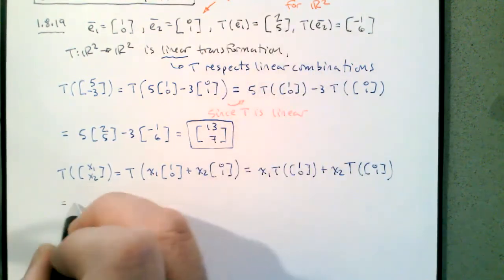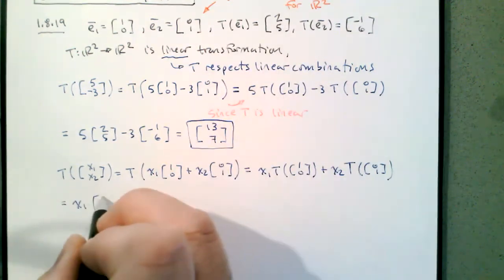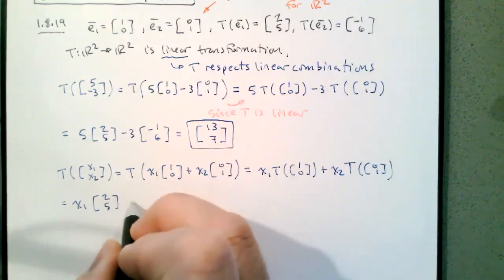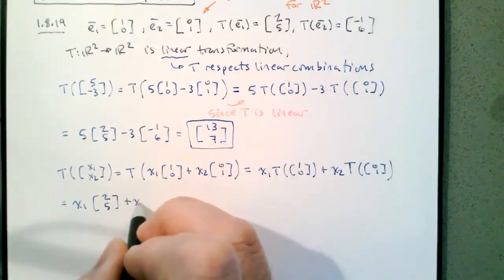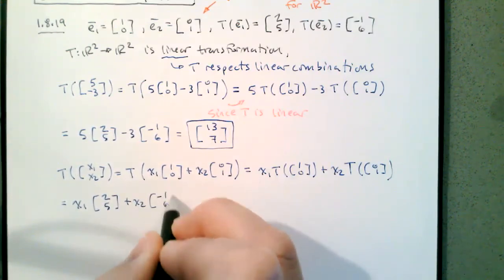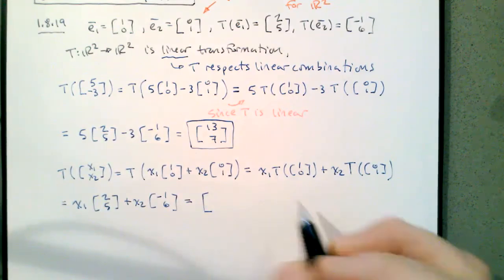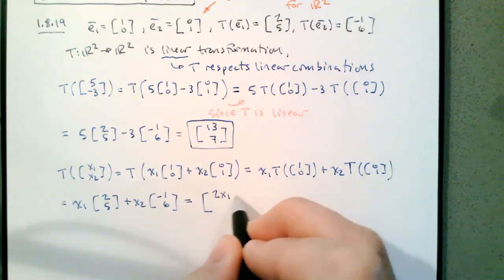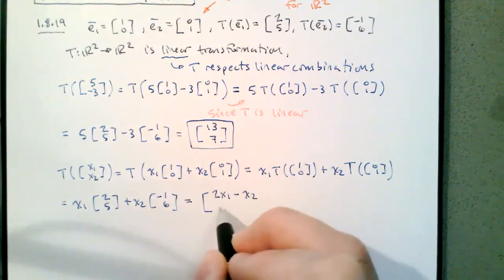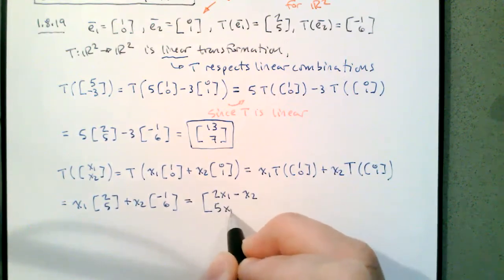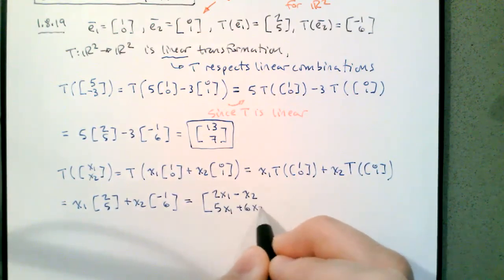So it's going to be x1 times (2, 5) plus x2 times (-1, 6). And then we can put these together into one vector. So it's going to be (2x1 minus x2, 5x1 plus 6x2).